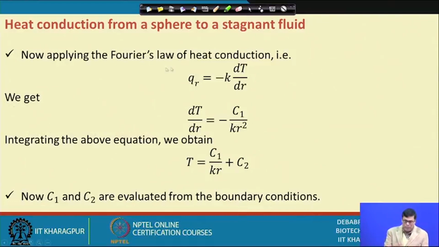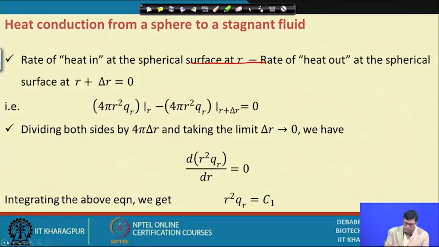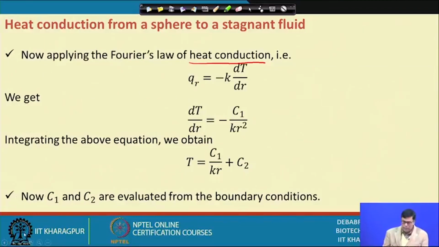Then, by applying Fourier's law of heat conduction, we can write q equals minus k dT by dr, and then dT by dr equals minus C1 by k r square. We have seen this before also. This we can write here, and then our final equation will be T equals C1 by k r plus C2.